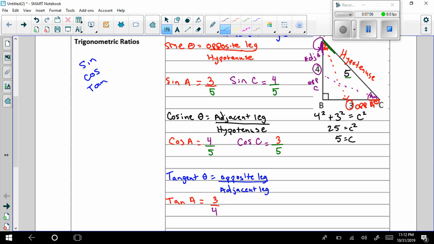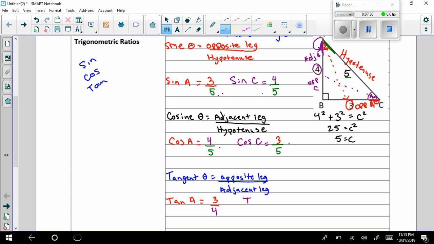All right, going back up here, notice the cosine of C is the same as the sine of A. Sine of C is the same as the cosine of A, right? The tangent of A and the tangent of C also have a relationship.